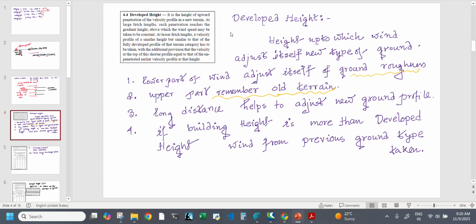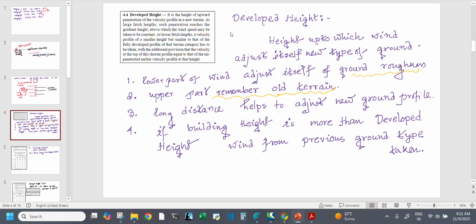But whenever there is a change from terrain category 1 to terrain category 2, it will try to change itself to terrain category 2. So a height difference also happens between terrain category 1 and terrain category 2, and that is why the wind type also changes.